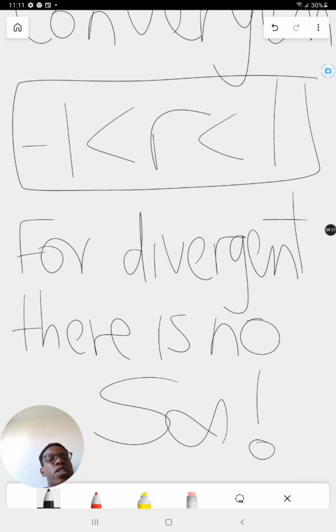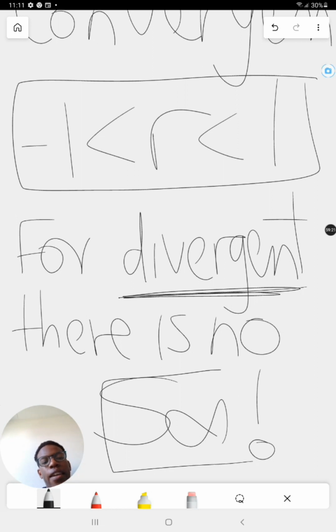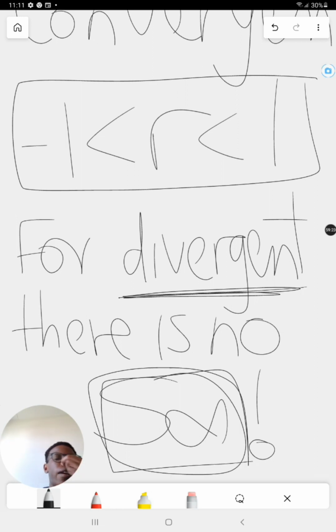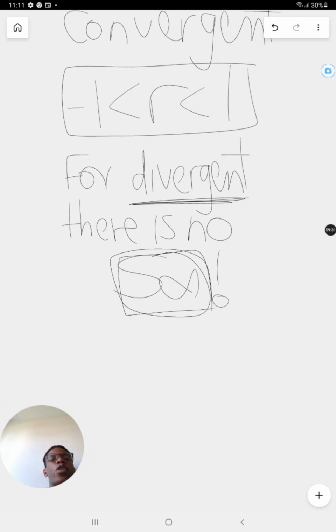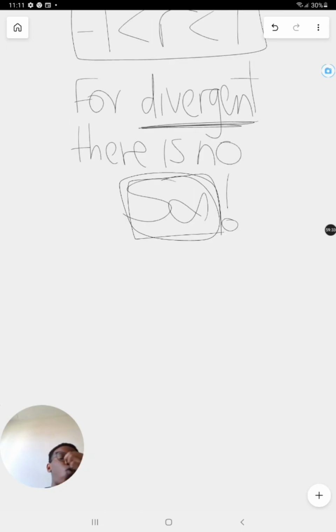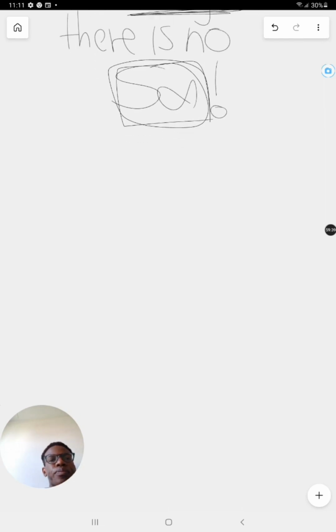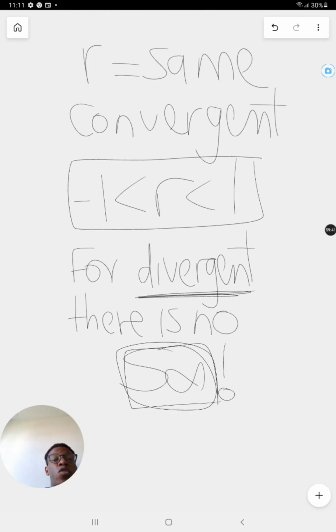So whenever you're dealing with a divergent series, remove this from your head. It does not exist, okay? Because you don't move towards a specific value, you don't move towards a specific number. You're moving further and further away from zero for a divergent series. You're not moving towards zero, so it's not convergent. You can't have a sum to infinity. The rules don't apply. So just make sure that you understand that.